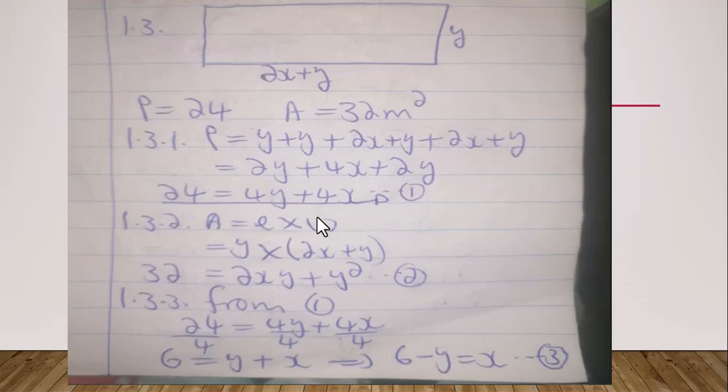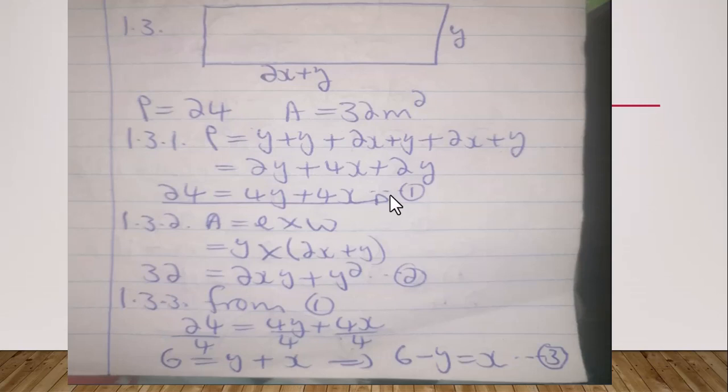And y plus y is 2y. And then here you will group the like terms. You will say 2x plus 2x is 4x. And 2y plus y plus y, it's 4y. So you have 4y plus 4x, which is equal to 24, because the perimeter is given to us as 24 there.